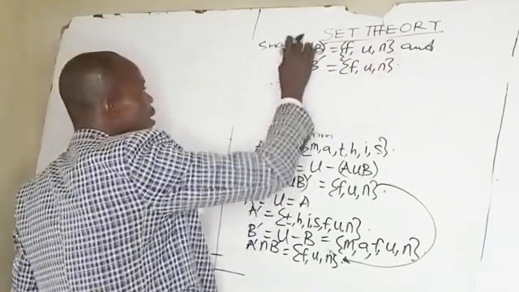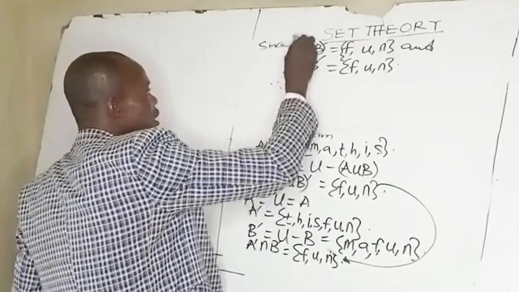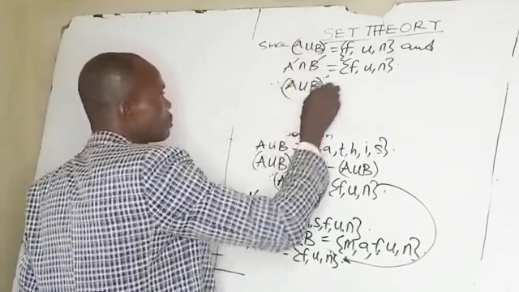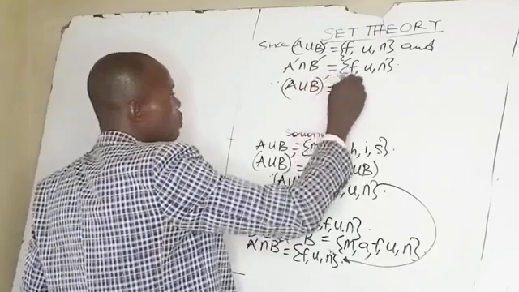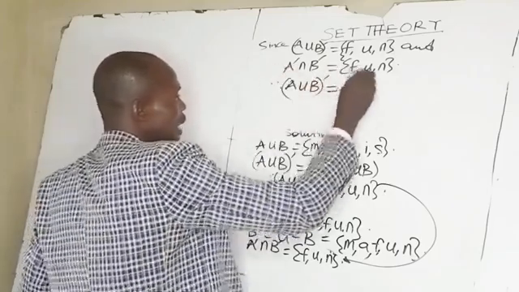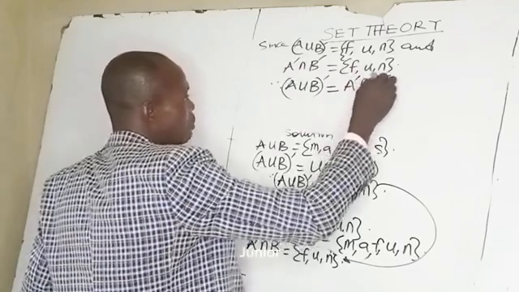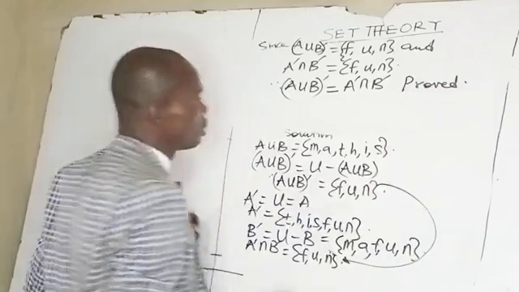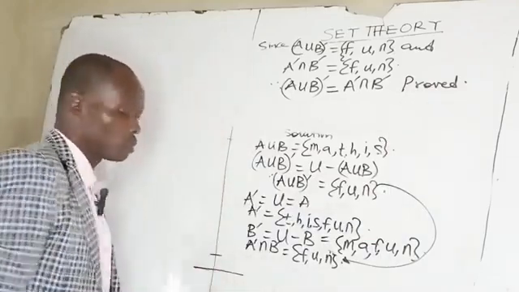Therefore, A union B prime equals A prime intersection B prime. Proved. That is the solution to example 2.